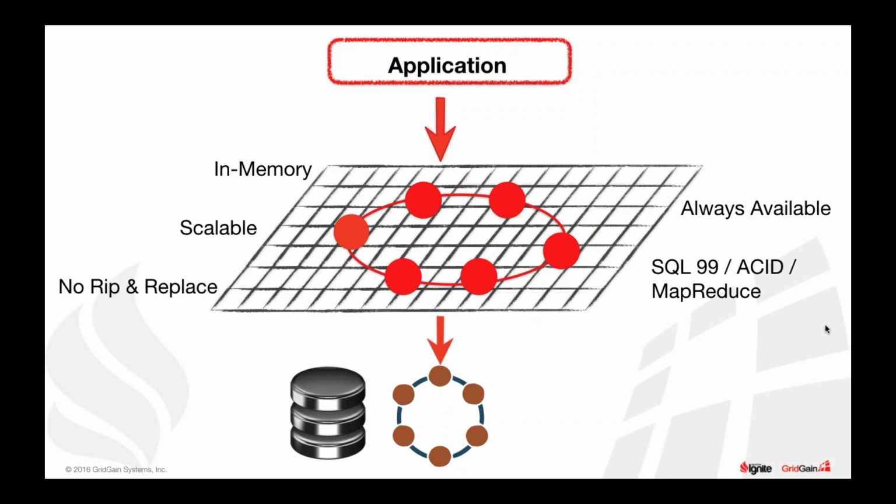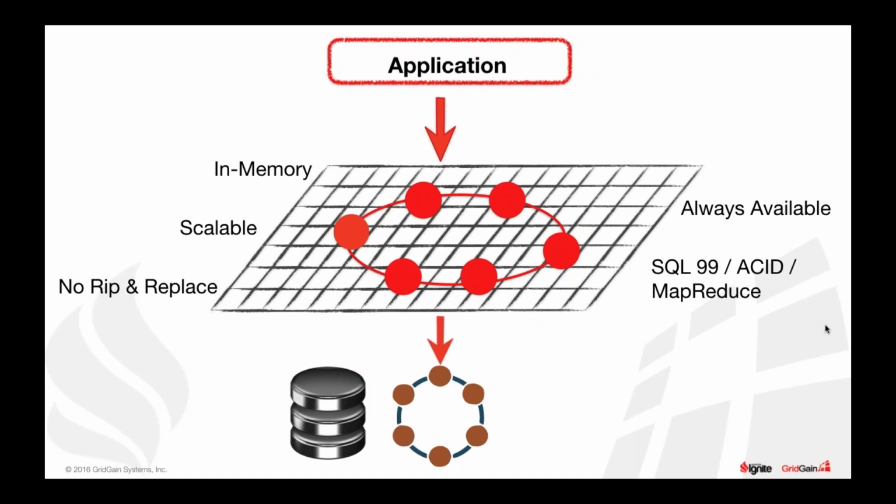There's also no rip and replace. Some of the NoSQL systems out there are not designed well for an existing application. You really need to rewrite it because of the data modeling needs and the way that the data is set up in the system. With Apache Ignite and GridGain Enterprise, as I mentioned before, it will slide between your application and your system of record, so you don't need to completely change your application's underlying data store.